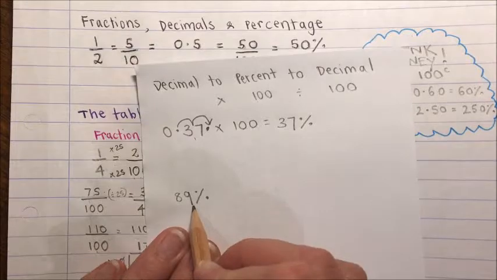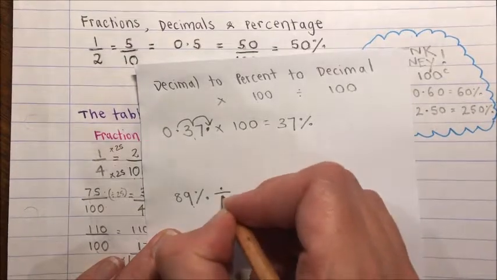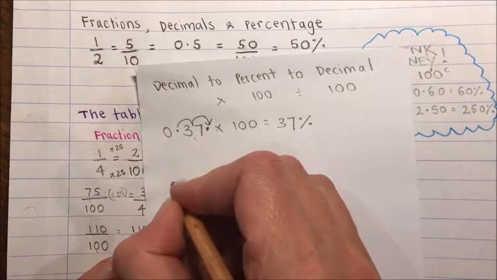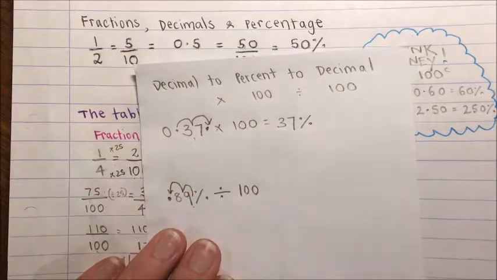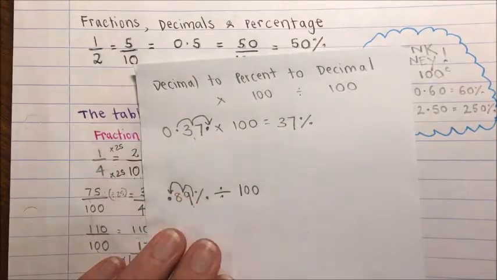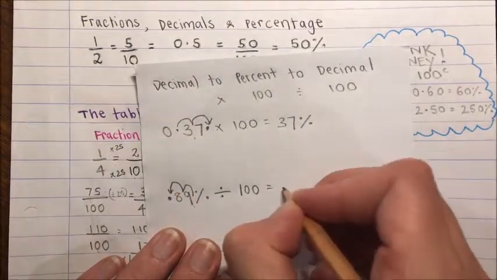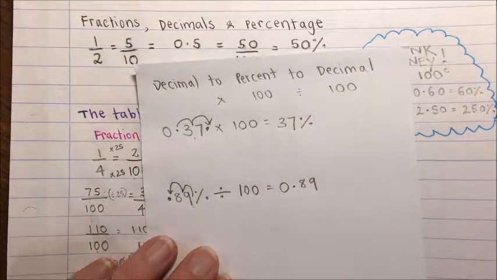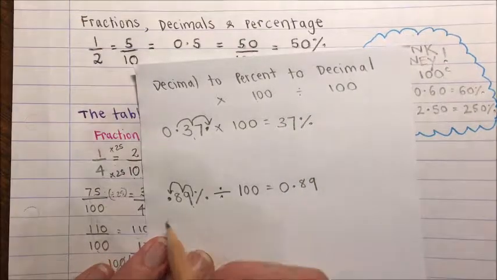If I've got 89% and I'm going to divide that by 100, basically I'm just moving it back this way 2 places. That's how I divide. Multiply by 100, divide by 100, and I get 0.89. Let's see if logically that makes sense.